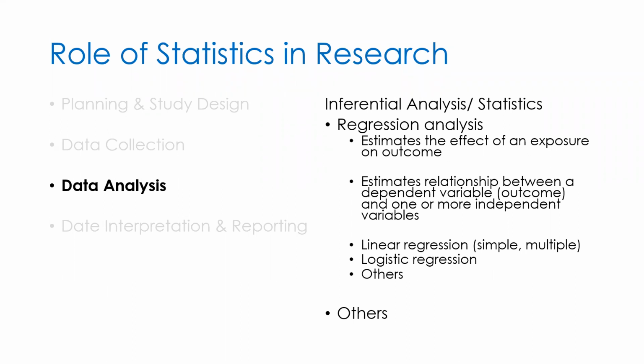For example, if you are looking at an outcome, say fistula rate following cleft palate repair, the fistula rate is dependent because it will depend on so many other factors. And you want to see whether the age of the patient actually has any role to play there, and that age will become an independent variable.